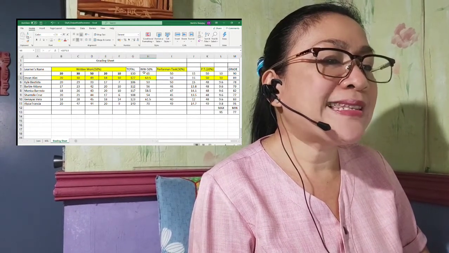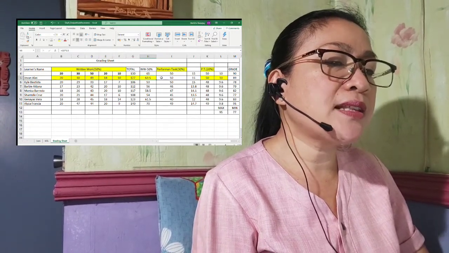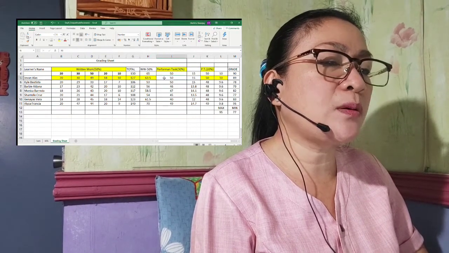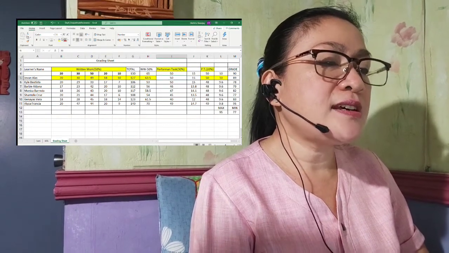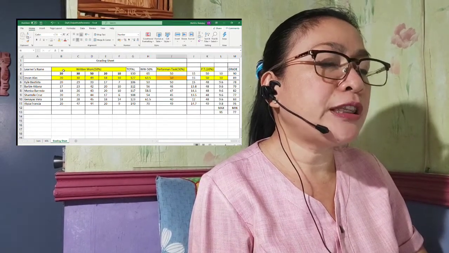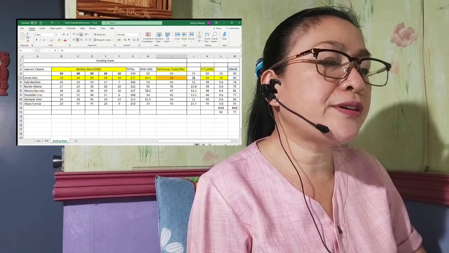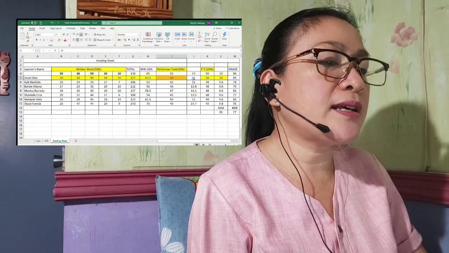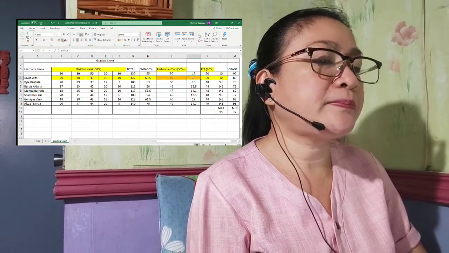For the performance task, for example, you got a perfect score, so 50 multiplied by 30% or 0.30, and the result is 15.